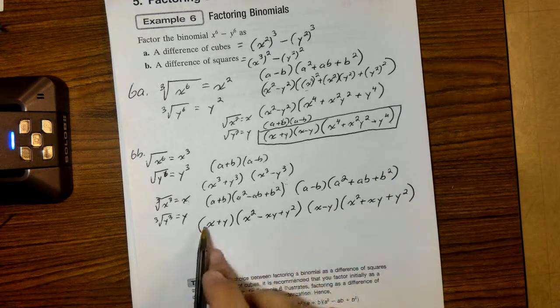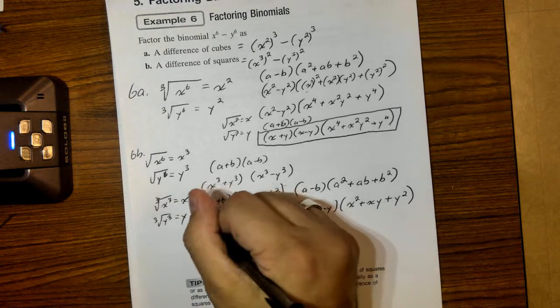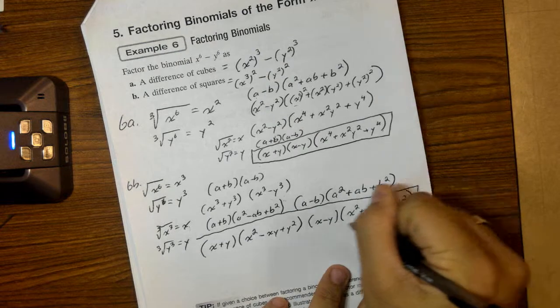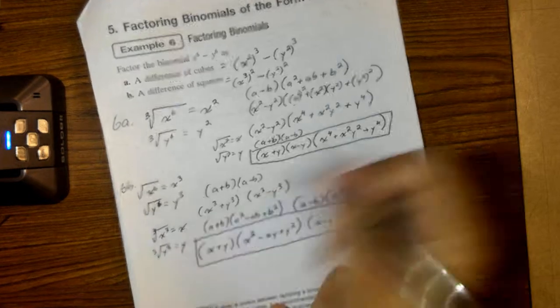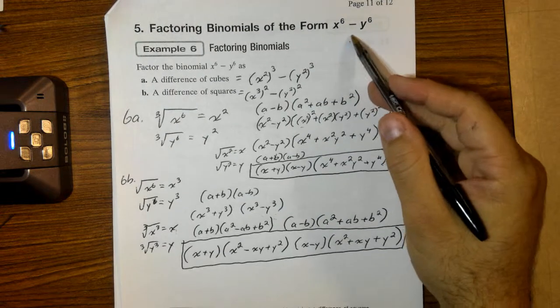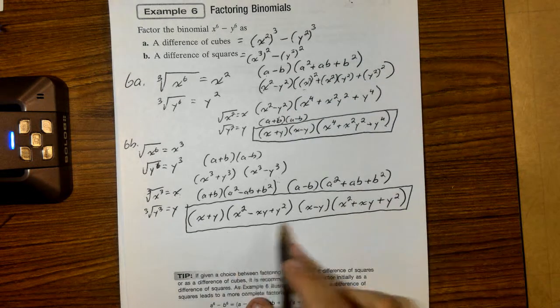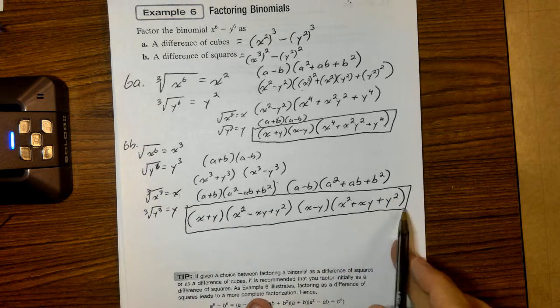So these four factors are now the answer when you factor this special binomial of x to the 6 minus y to the 6, you do get these four factors, and this is factored completely.